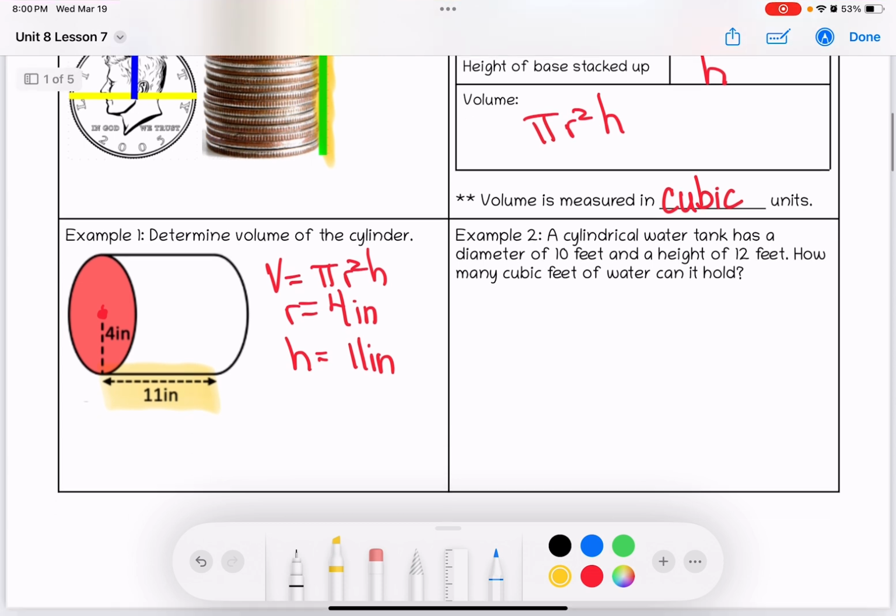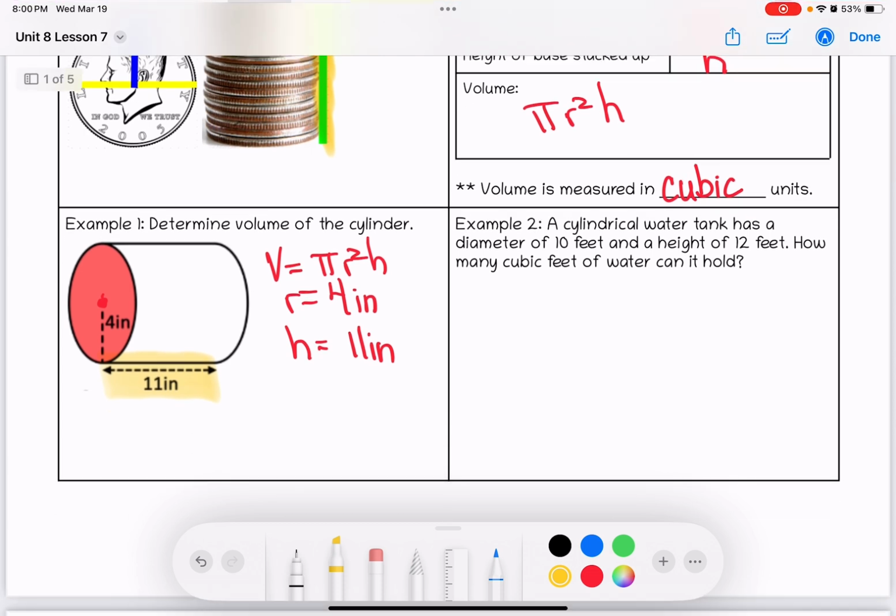All right. And so we already know all we have to do is plug those items in. So a cylinder water tank has a diameter of 10 feet and a height of 12 feet. How many cubic feet of water can it hold?